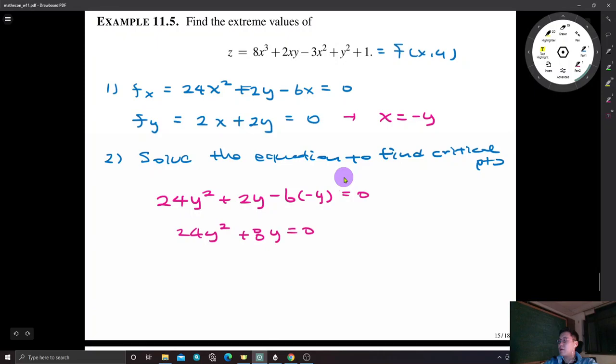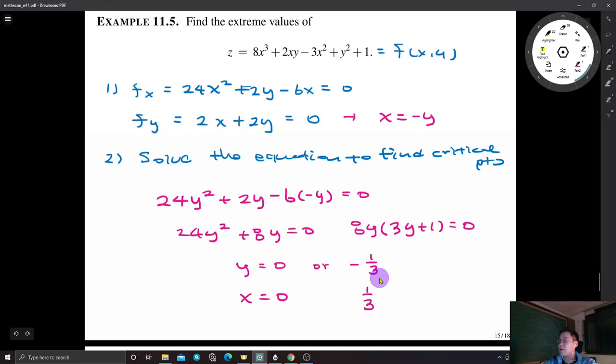Factoring out 8y, I am left with 3y plus 1. So we have two solutions: y is 0 or negative 1/3. Because x is negative y, when y is 0, the corresponding x is 0, and the corresponding x to negative 1/3 is 1/3.